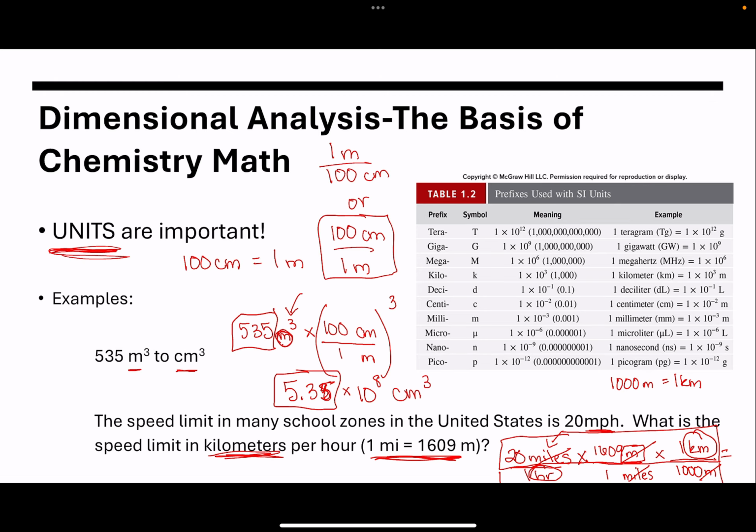So if you're typing this in your calculator, I'm going to just do it up here to show you, you would type in 20 times 1,609. And I know we know that anything times 1 is itself, but I'm going to go ahead and put that.